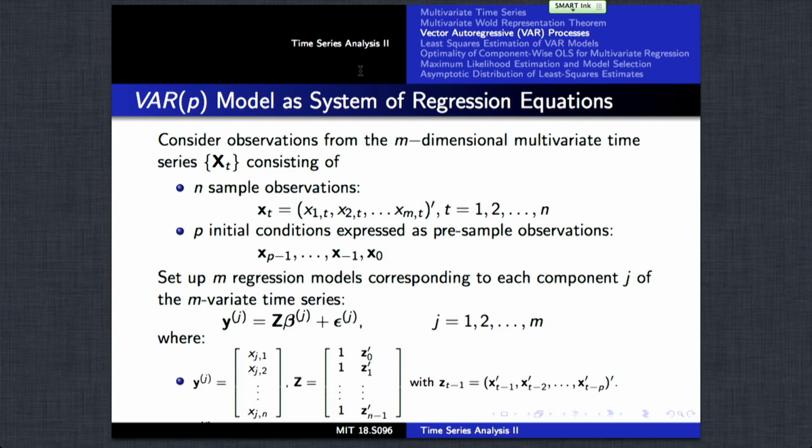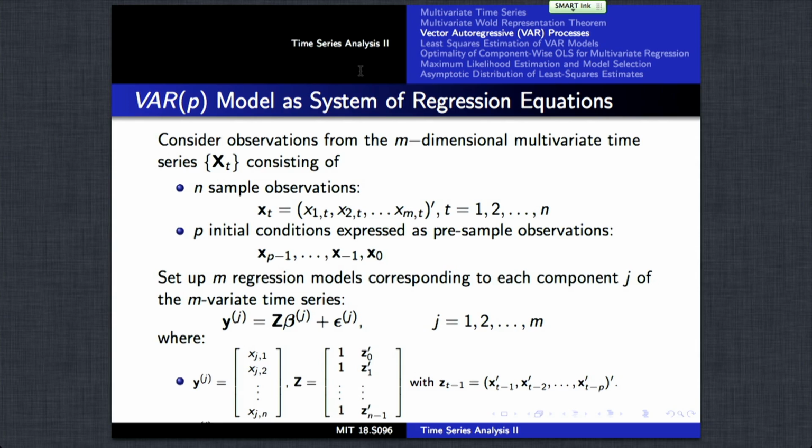And for the computations here, we're going to assume that we have pre-sample observations available to us. So we're essentially going to be considering models where we condition on the first p time points in order to facilitate the estimation methodology. Then we can set up m regression models corresponding to each component of the m-variate series.